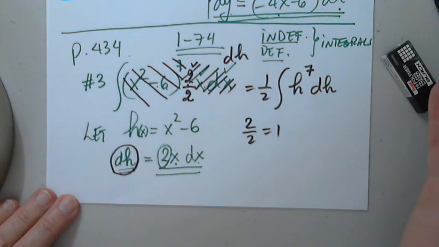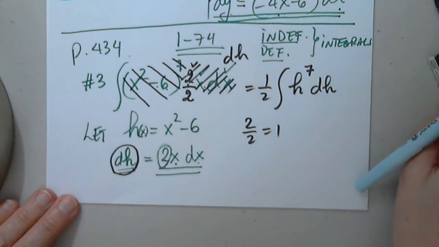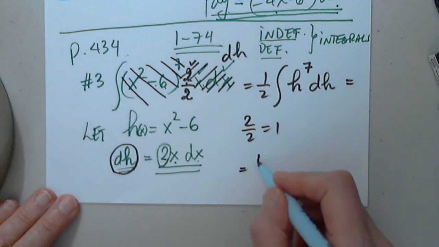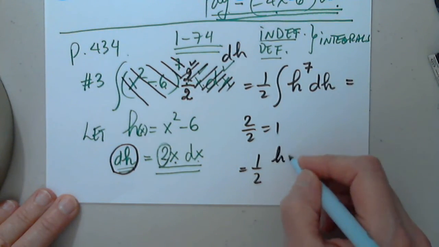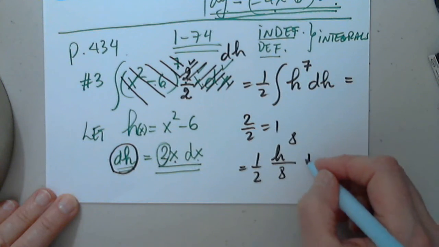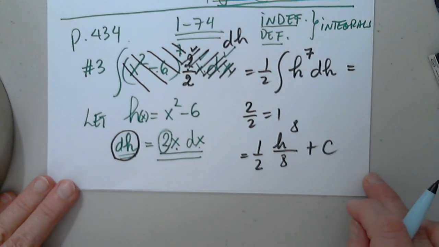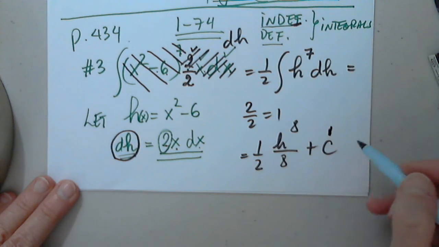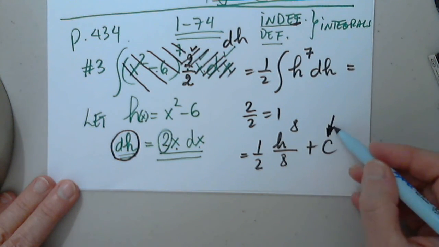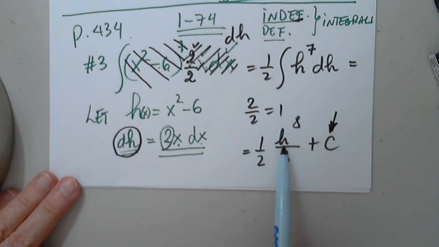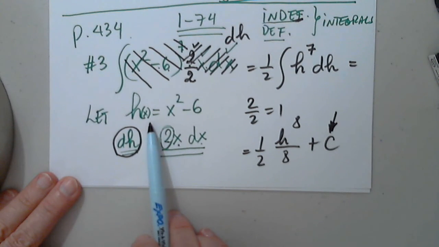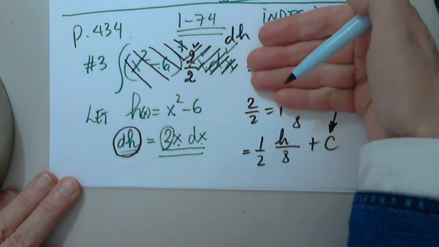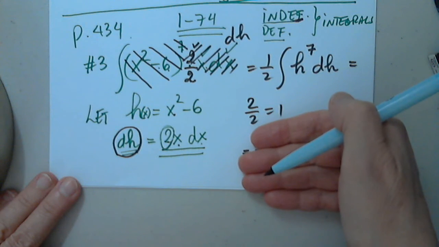And the number doesn't matter. It's just a tiny number. So now this is so much easier to integrate because I have a 1/2. I know what to do with this, h to the 8th power over 8 plus a constant c. Because it's an indefinite integral, I have to have the constant. So all I have to do now is go back to my substitution because I have to give the answer in x. This was our tool to get to the answer.